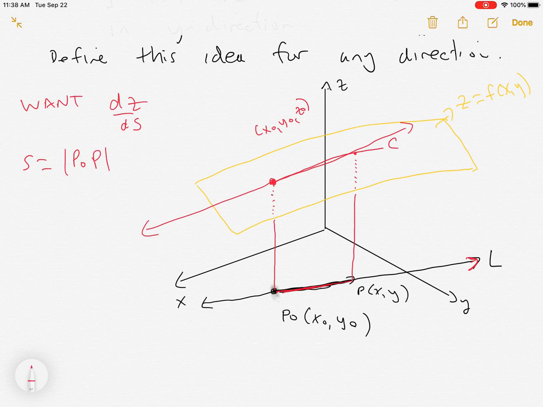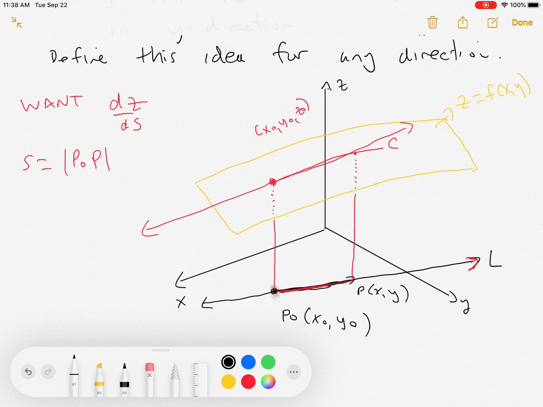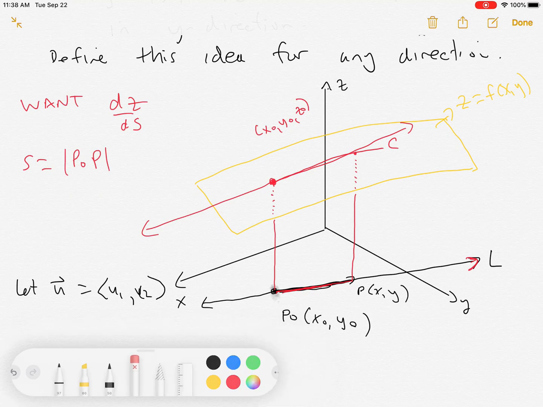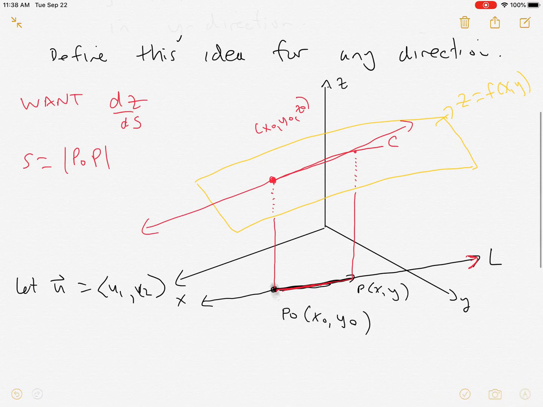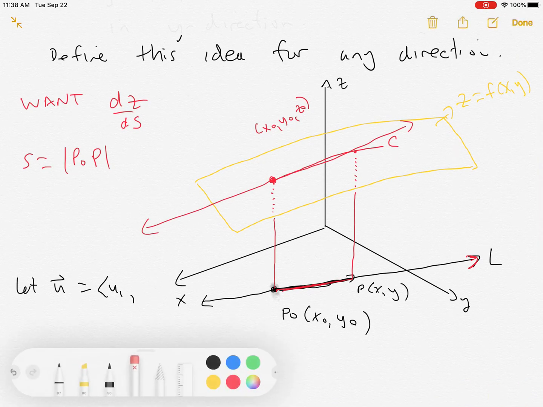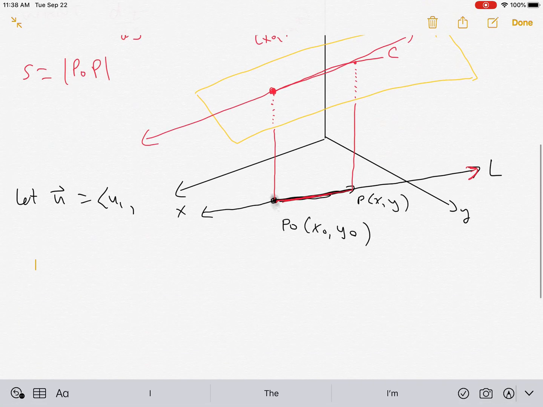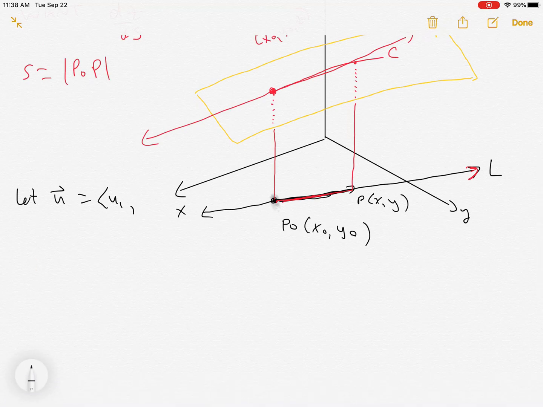Okay, so to that end, we're going to let u be the vector u1, u2.